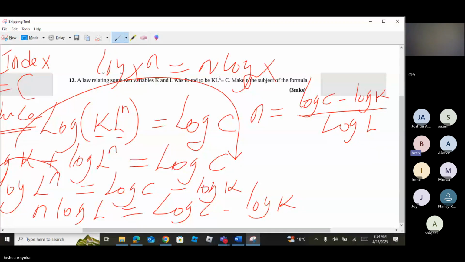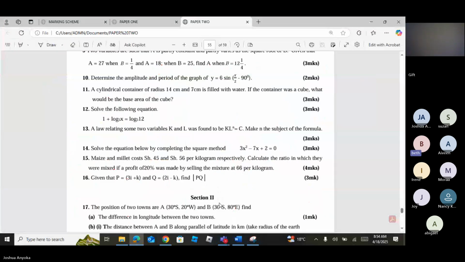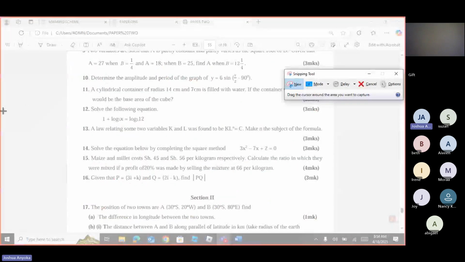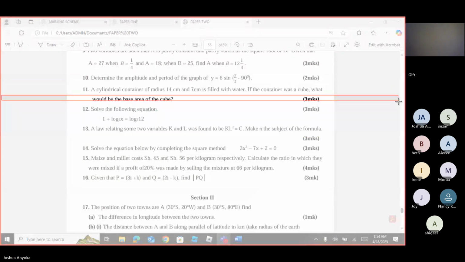You are told to make H the subject of the formula.